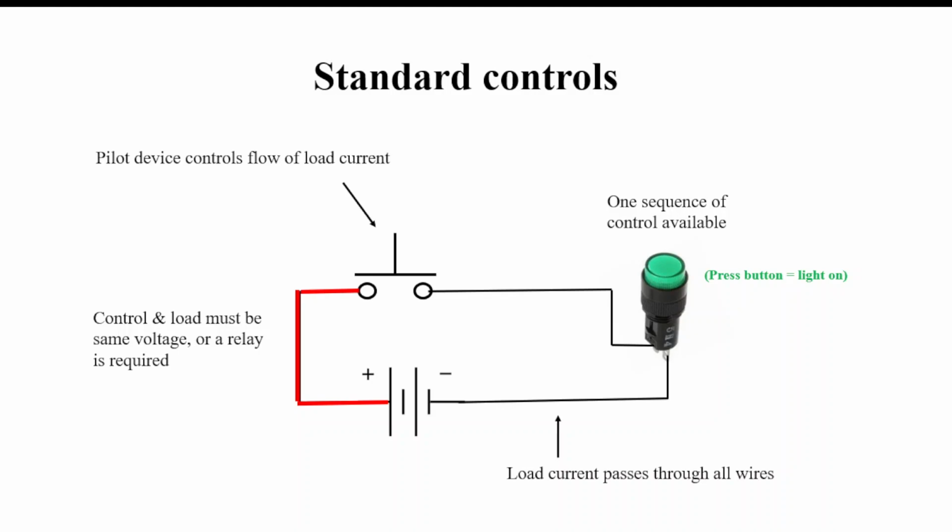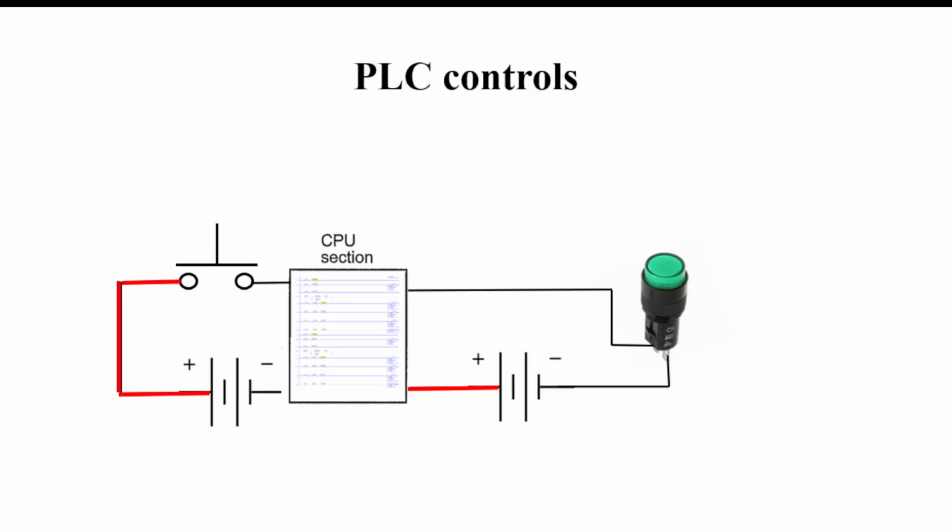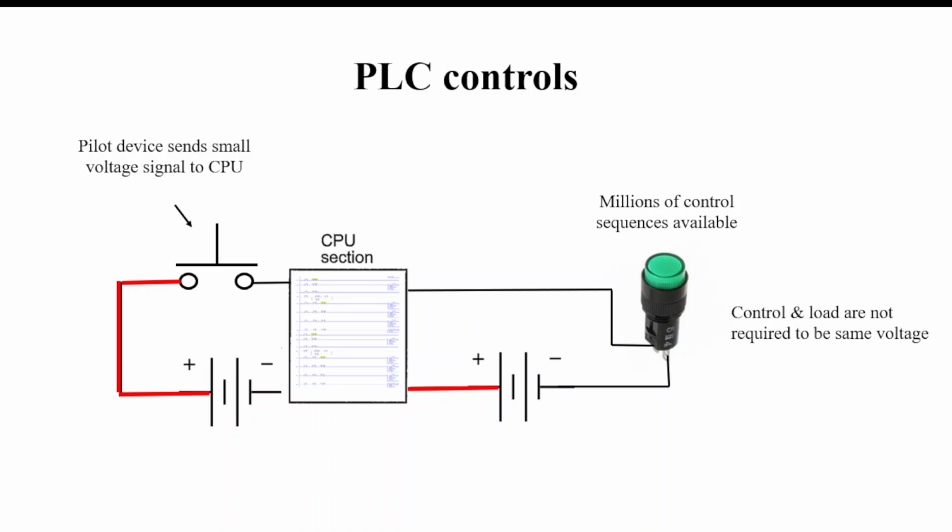Now let's contrast that against PLC control. In PLC control, the pilot device sends a very small voltage signal to the CPU. So in that way, it's very efficient. There are millions of different control sequences available, not just push the push button down and the light comes on. The control and the load do not need to be the same voltage.